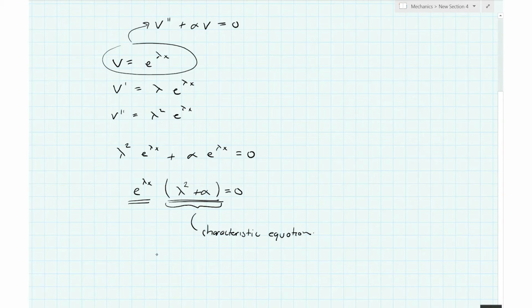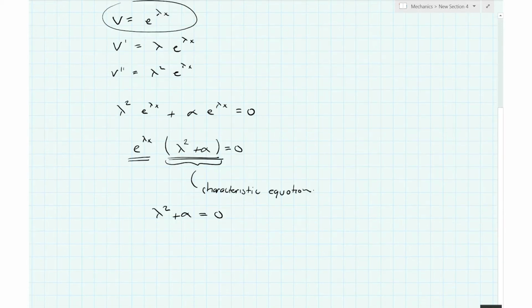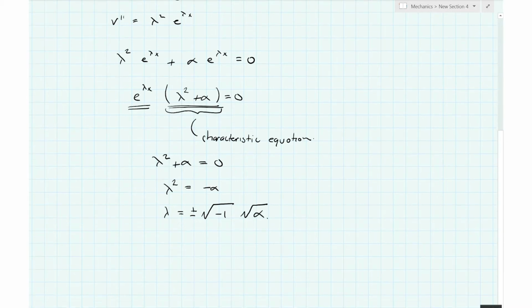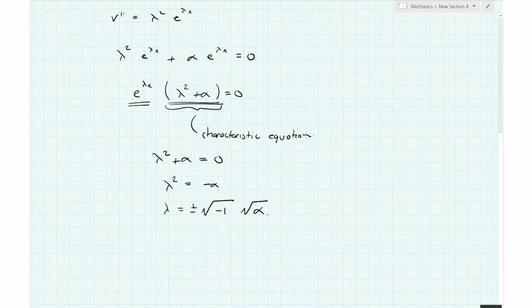So we can say that lambda squared plus alpha is equal to 0. And if we follow that through, we're going to solve for lambda. So we can say that lambda squared is equal to minus alpha, which means that lambda is equal to plus or minus the square root of minus 1 times the square root of alpha. Now we know we can replace the square root of minus 1 with i.